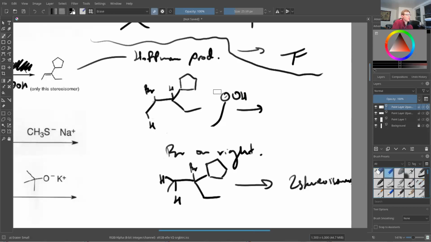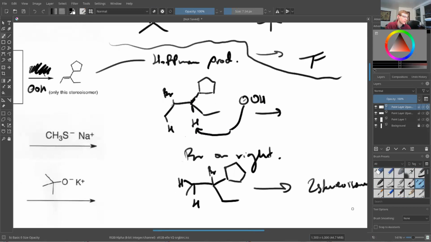If this is the case, then we're going to have to impose the stereochemistry here. We're going to have to say what it is, right? So we're going to have to put this hydrogen down here, and that fixes what the stereocenter is, what it looks like. Yeah, this is a nicer way to do it.